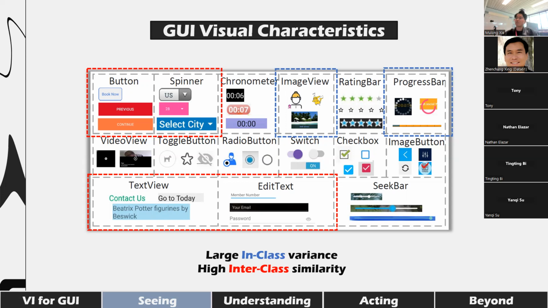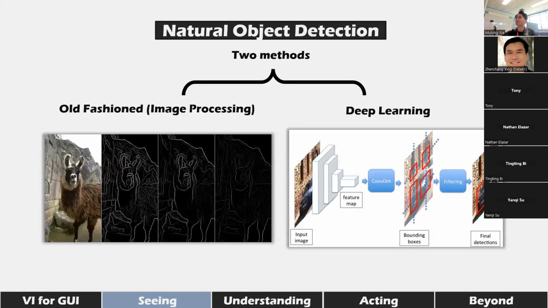Besides, we also have high inter-class similarity. Some GUI elements in different classes are actually very similar. For example, the edit text and the text view here are fundamentally just text, right? So all of those things complicate the task of detecting and classifying GUI elements from a GUI image.